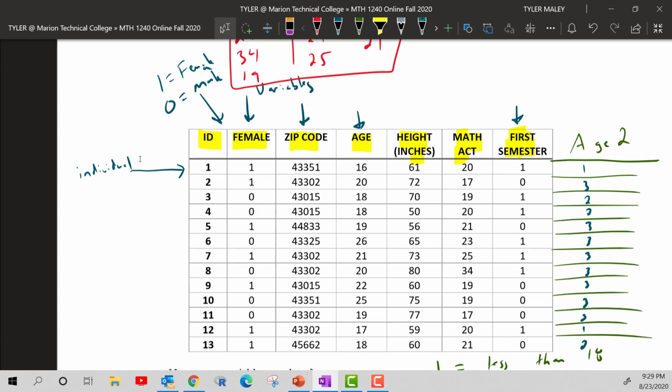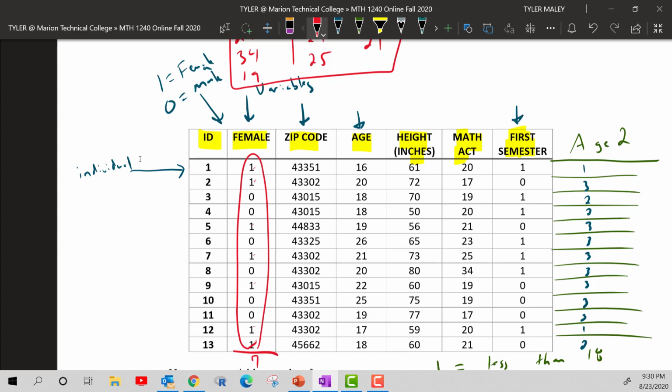However, sometimes you might have a qualitative variable and it does make sense to add them. For example, if I added this column of female, I would get 1, 2, 3, 4, 5, 6, 7. That number is meaningful. That number 7 is the total number of females in this data set.